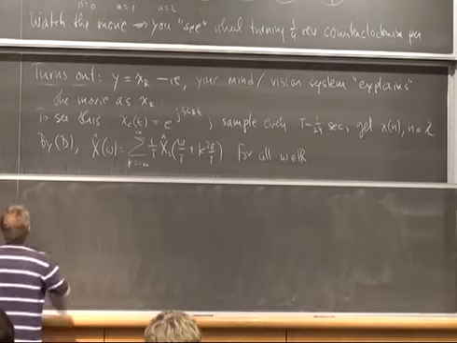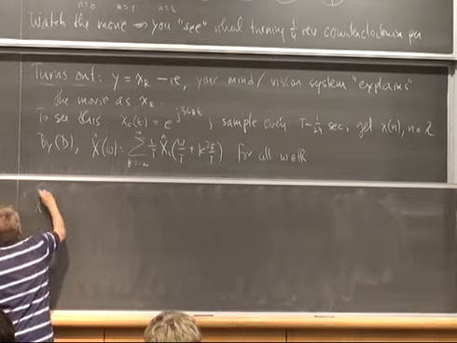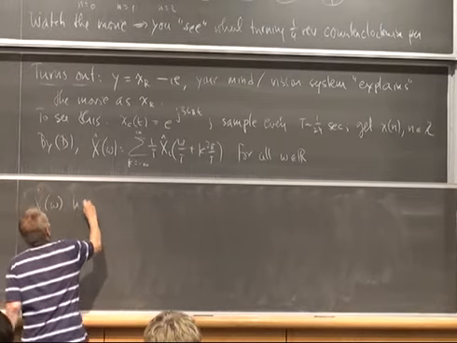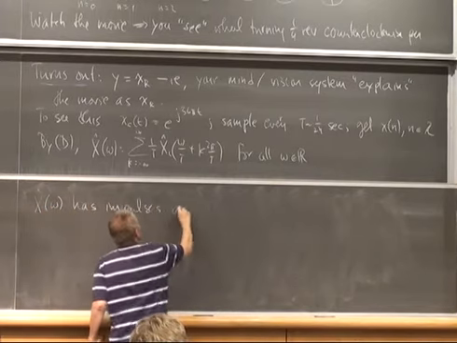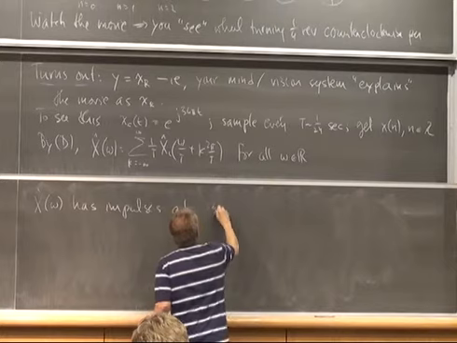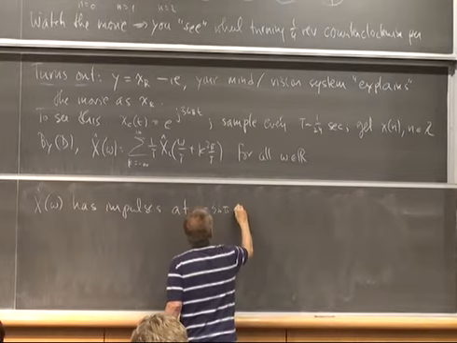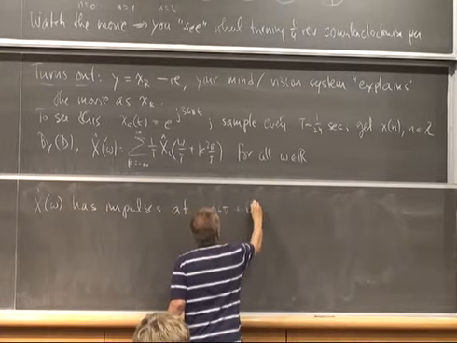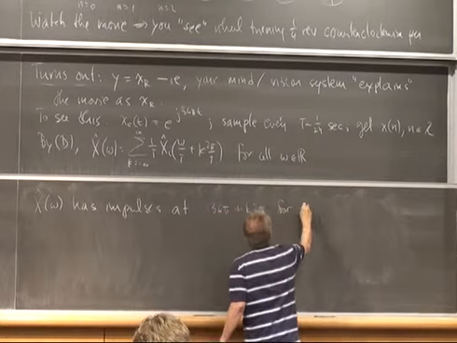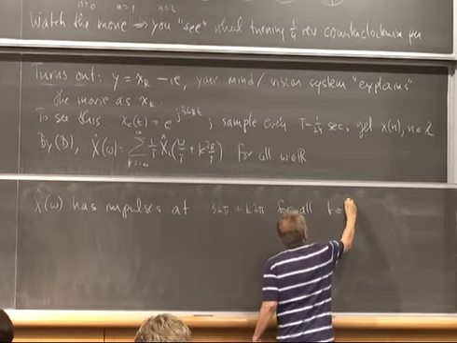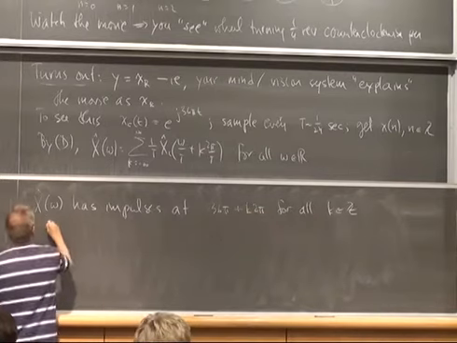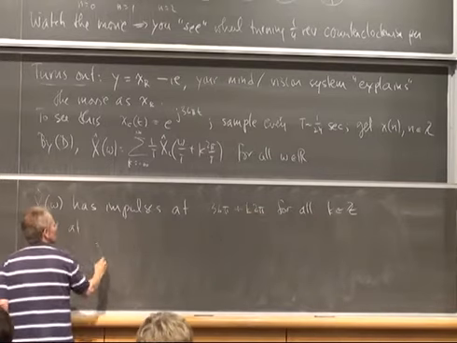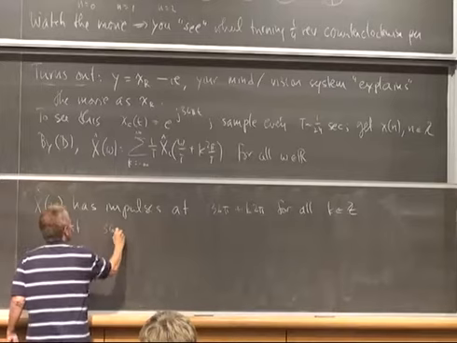Okay. So x hat of omega has impulses at 36 pi plus k 48 pi for all k in the integers. So there's one at, say, 36 pi.